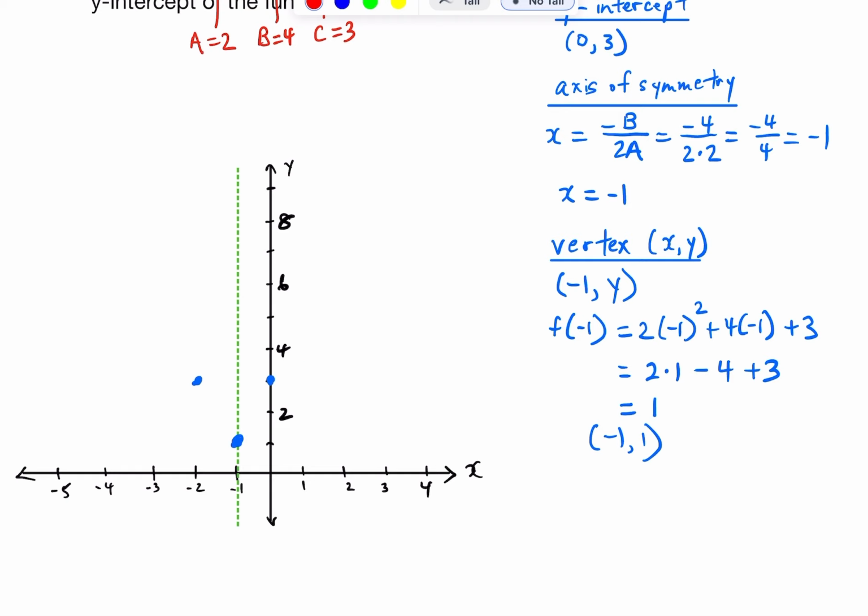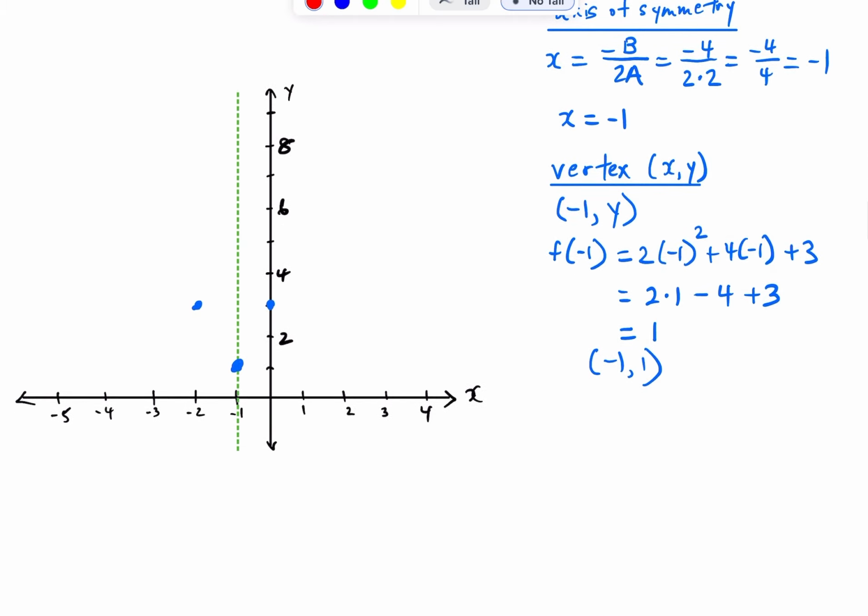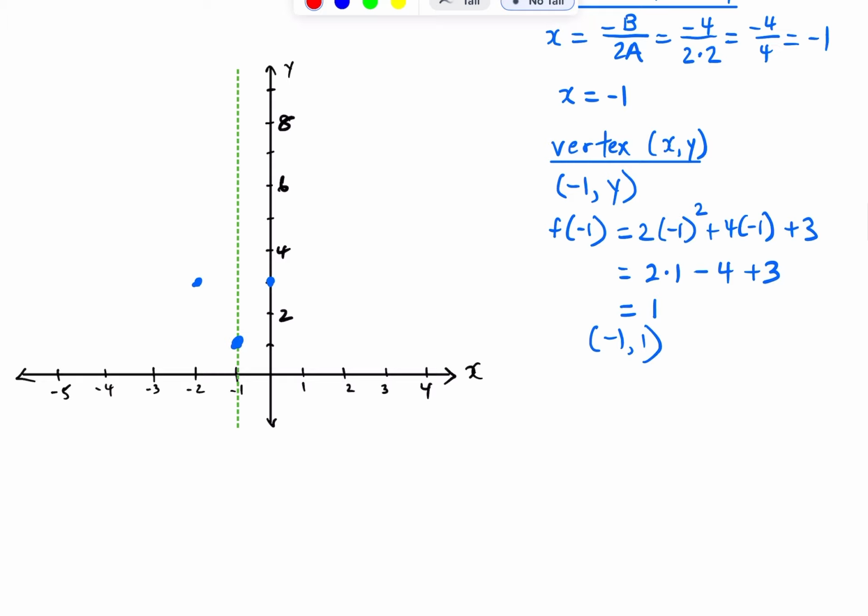We've got 3 points, but what we want to do is just add one additional point to further clarify our parabola. So I'm going to go ahead and just label this as additional point. My additional point, we want x comma y. That's the format we're looking for.